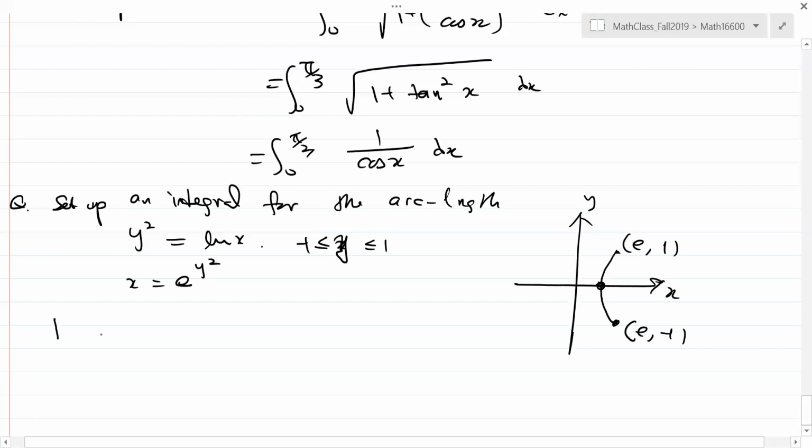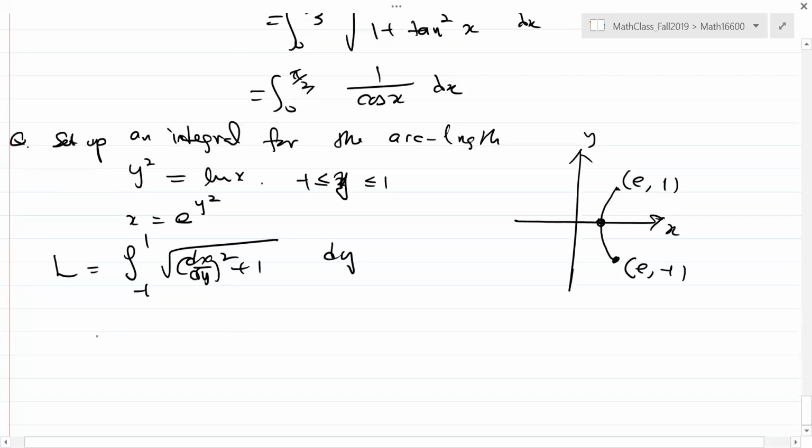Step 1. You should know this is going to be the integral with respect to the y variable. That will be the square root of dx/dy squared plus 1, and then y from negative 1 to positive 1. All right, so you differentiate.